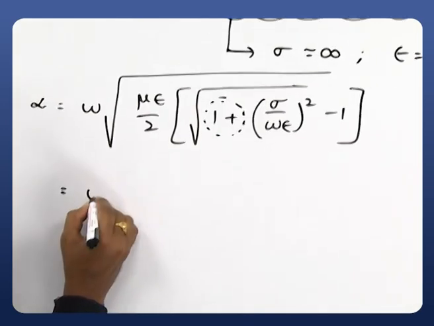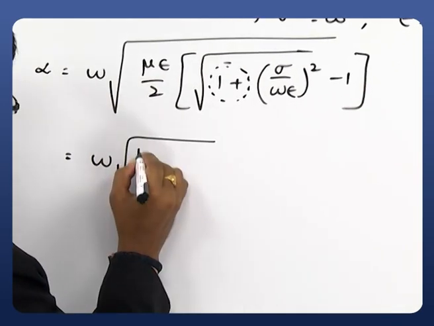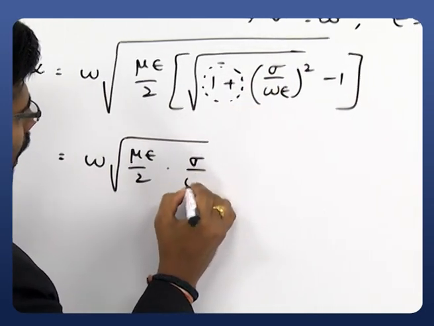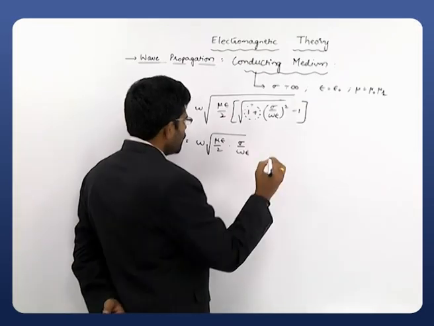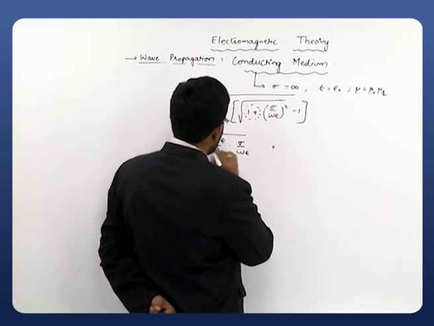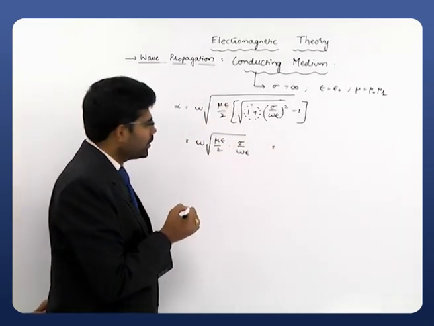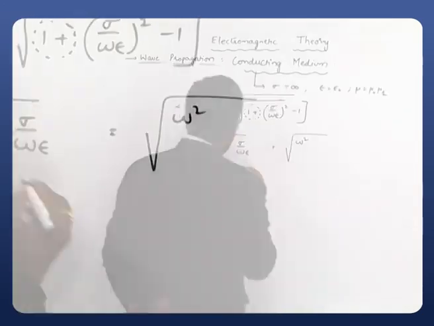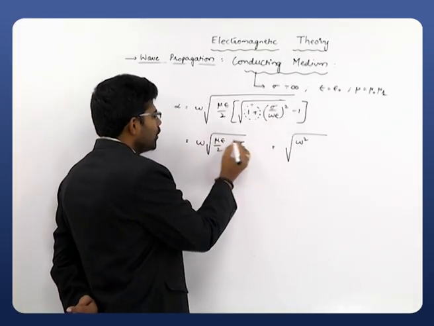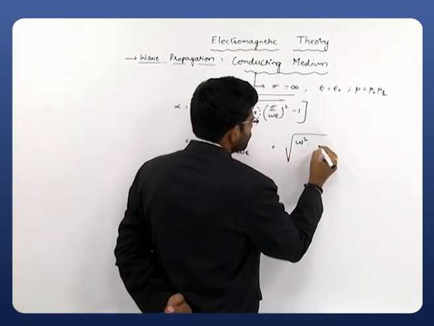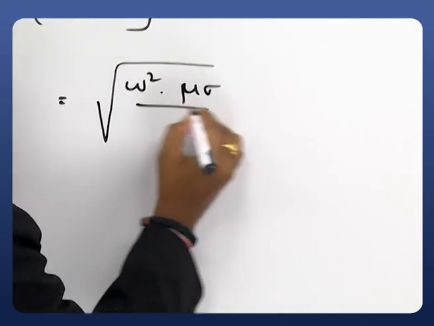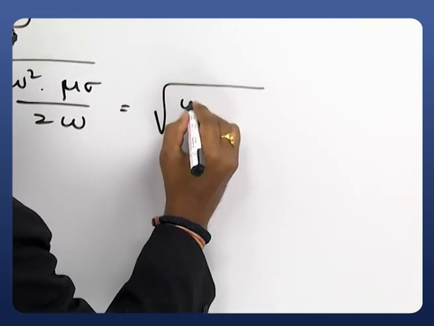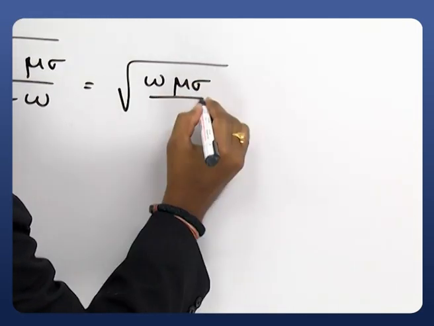Then what is the equation for this? What we got is the square root of mu epsilon by 2 multiplied with this term only, that is sigma by omega epsilon. If you simplify this, omega can be taken into the square root, then it is omega square, epsilon will be cancelled, mu sigma by 2 omega, which equals the square root of omega mu sigma by 2.